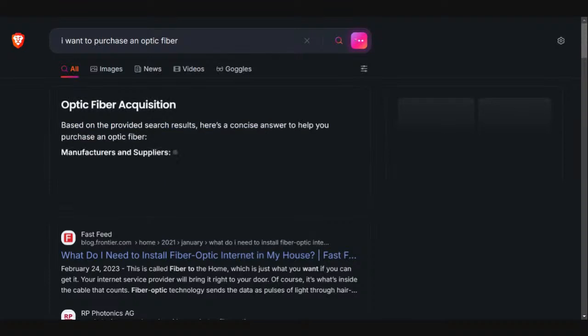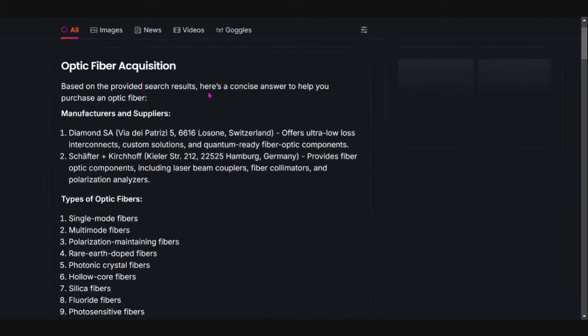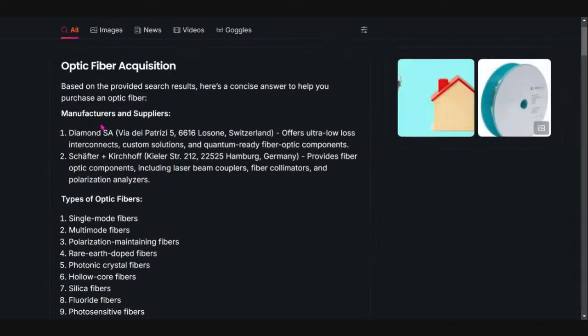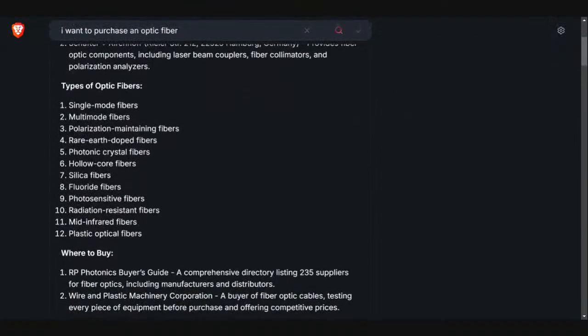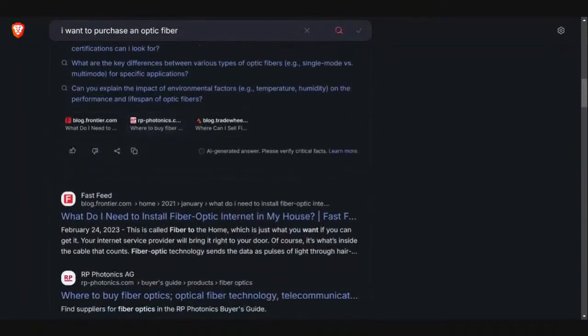Shopping. Based on the provided search results, Diamond SA via, where's the price? Single mode. Where can I just buy it? Just sell it to me.